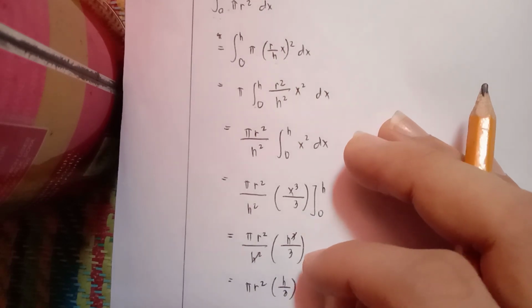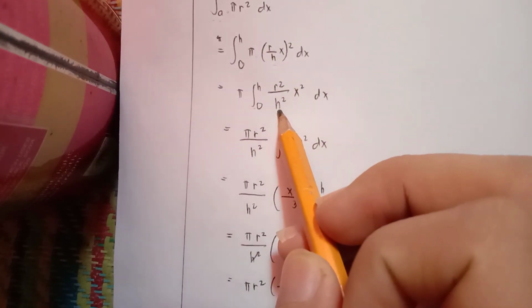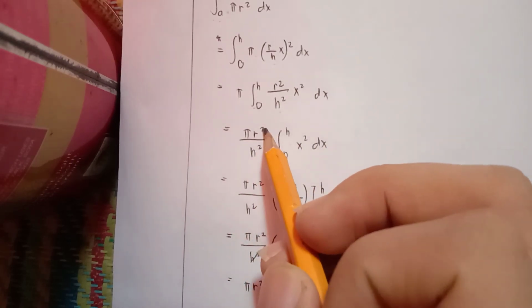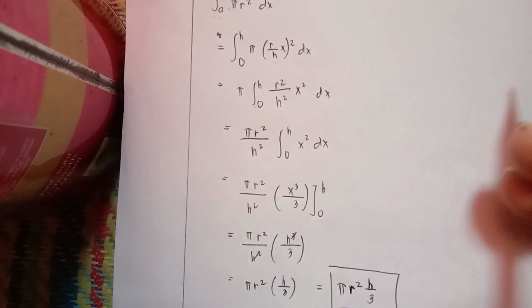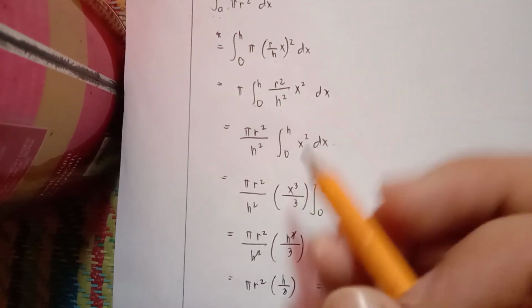Then we take out the radius and height again since they are constants, so it becomes pi r squared over h squared, then the integral of x squared dx from 0 to h.